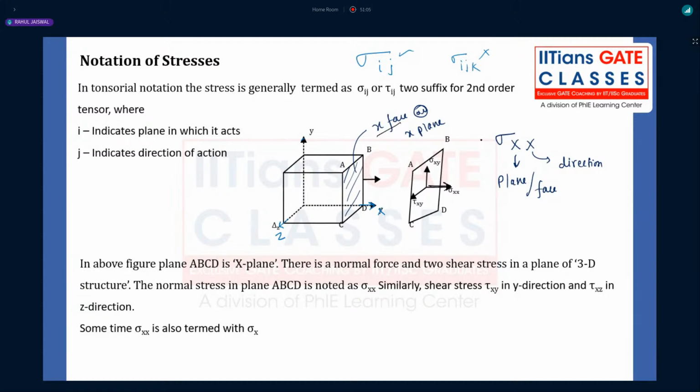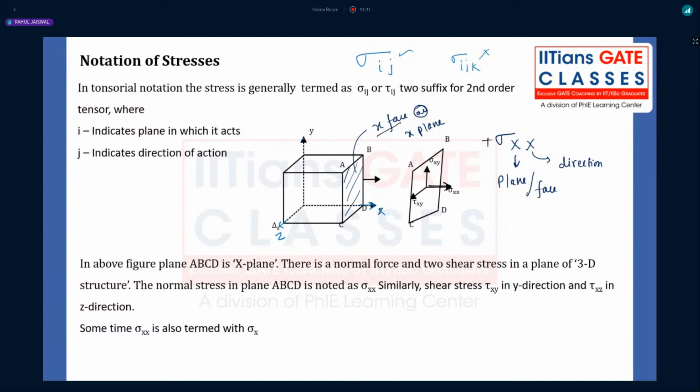Now, whether it is positive or negative, how will you come to know that? Again, we have to decide based on the direction of the normal stresses. Whether it is going away from the cross section ABCD or towards the cross section, sigma xx away from the cross section is positive. It is acting on a positive X face in a positive X direction.